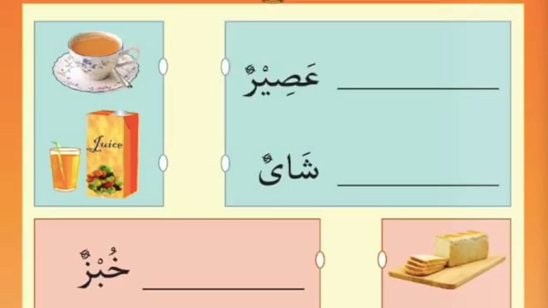Alright. And then the next one is shayun. Shayun, tea. And again, shayun is also a male word. So we should use the demonstrative pronoun hadha for shayun, because it is a male word.